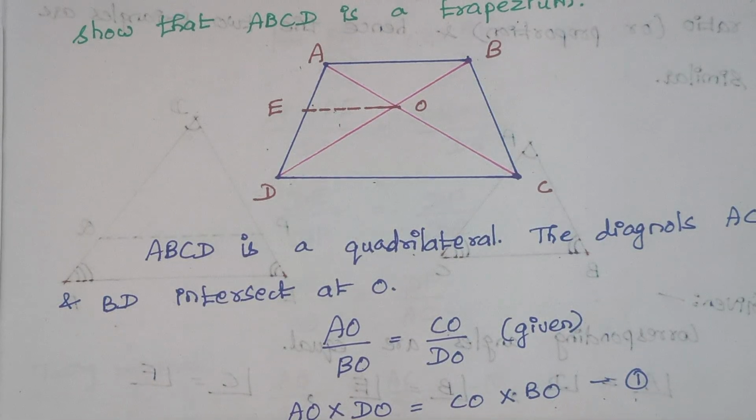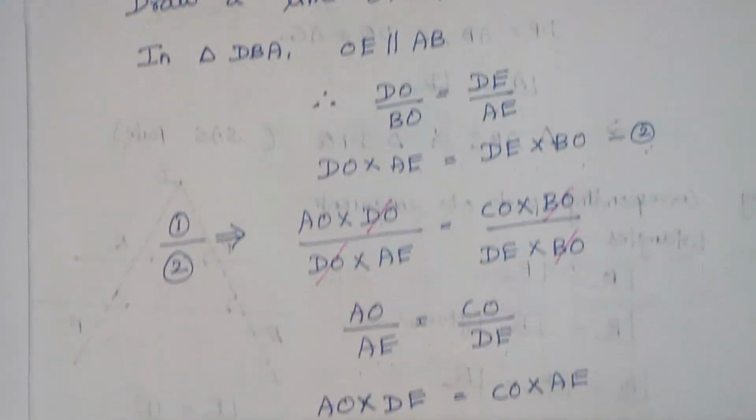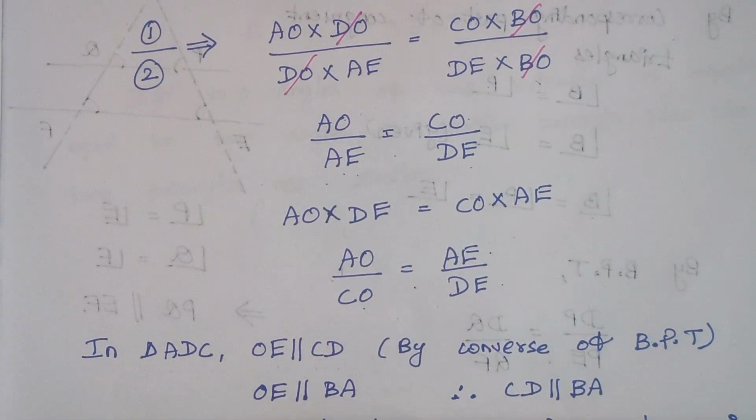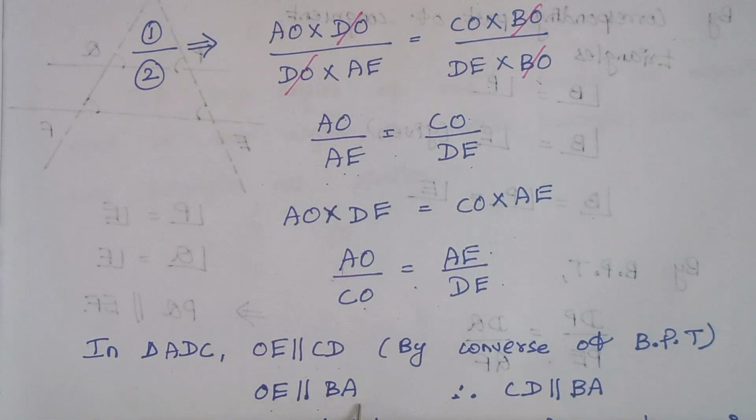Here this OE is parallel to CD, as we have just proved. And previously we made a statement that OE is parallel to BA. So this OE is parallel to CD and the same line OE is also parallel to BA.